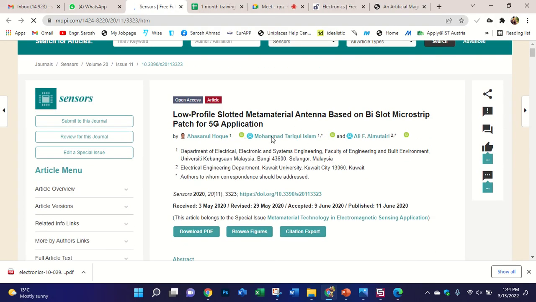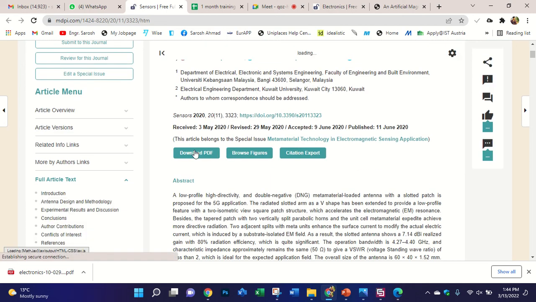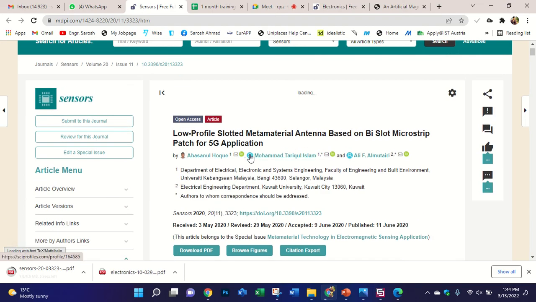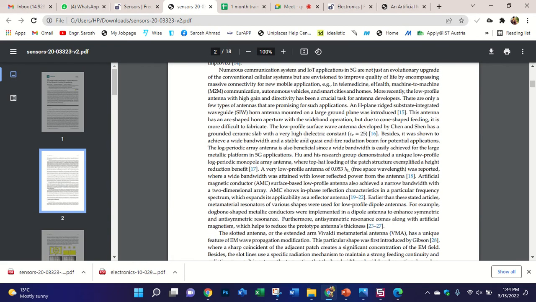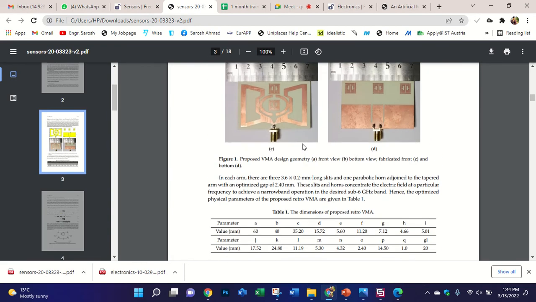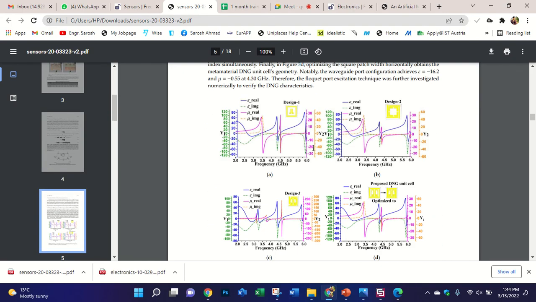Yes, they are working on metamaterial. Tariqul Islam, his main research is in metamaterial, from Malaysia. Yes, he's originally from Bangladesh. I know, he's my close friend. In this paper, they did not simulate.